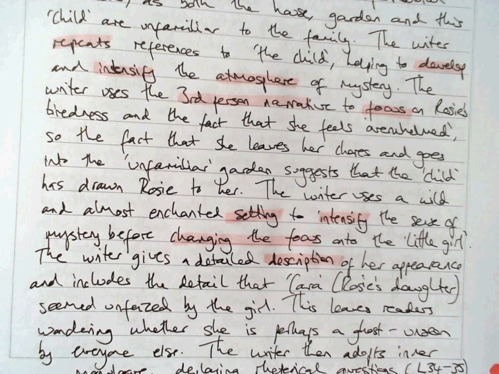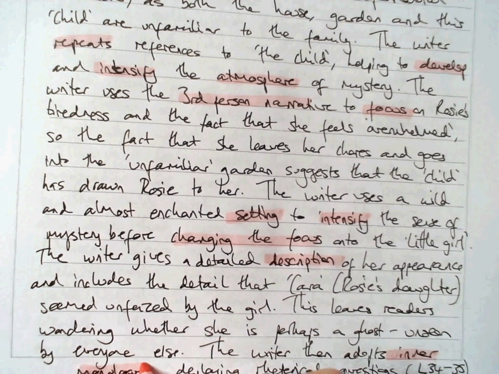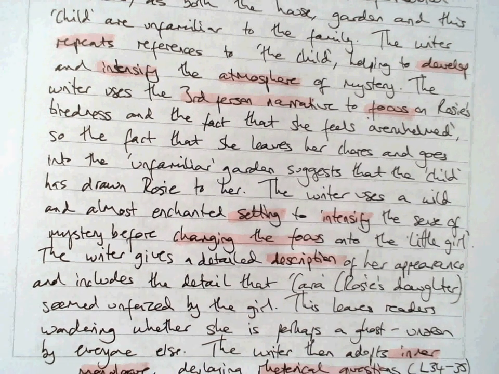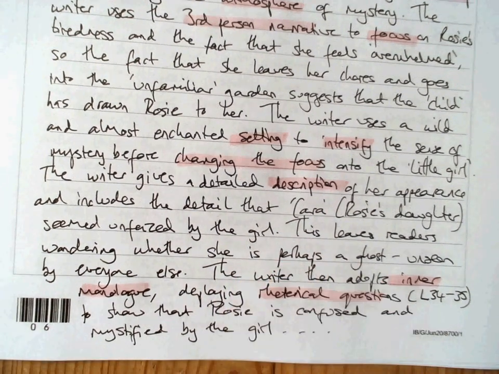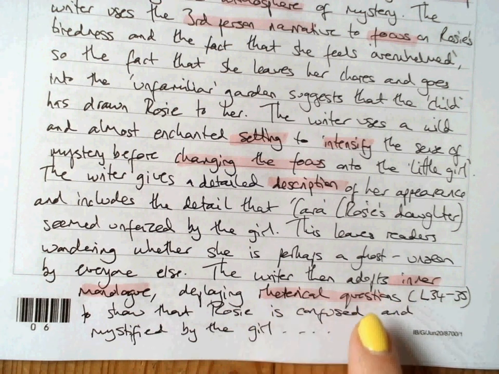The writer then adopts inner monologue, deploying rhetorical questions to show that Rosie is confused and mystified by the girl. And again, as with other responses I've done, you don't necessarily need to write down full sentences. I've just put the line reference that those rhetorical questions were seen on.